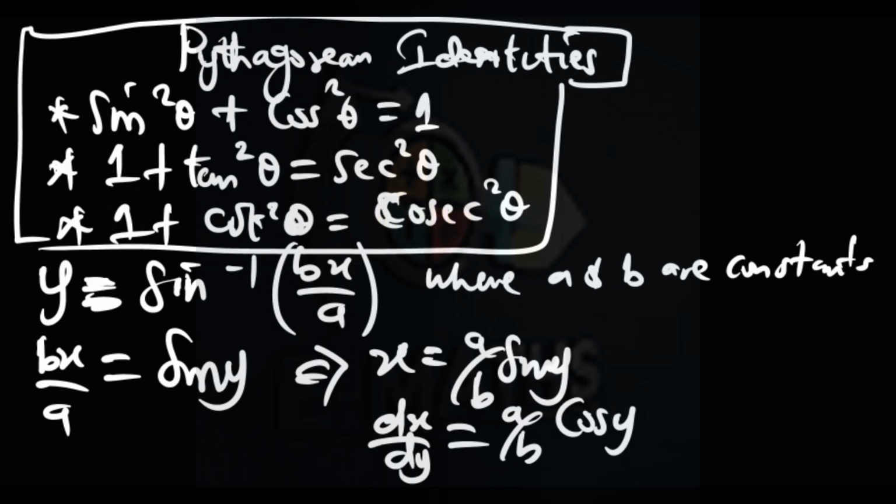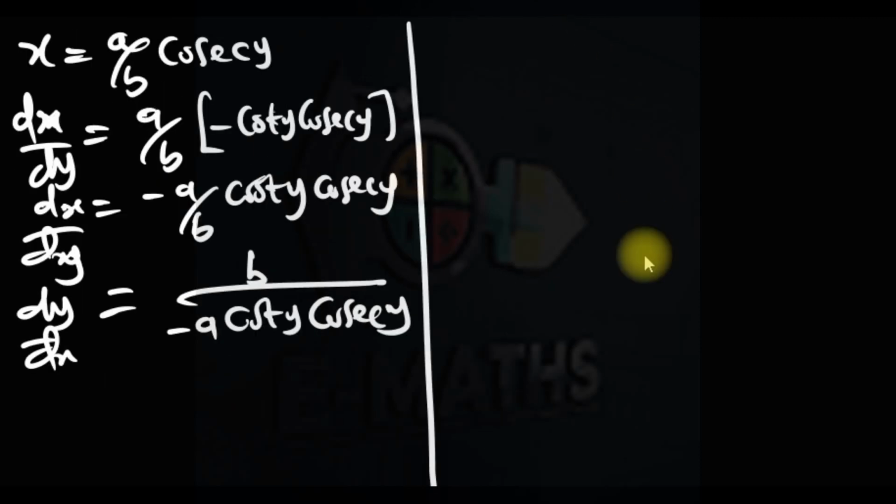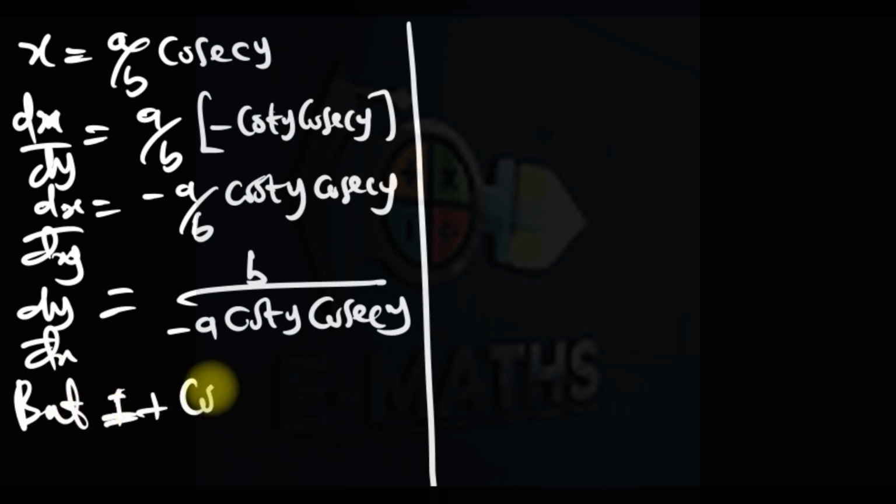So we can use it here, because what we are given in the equation is cosec. So we need to convert cot to cosec. So 1 plus cot squared y is cosec squared y. So we know we are given cosec, so it's settled.